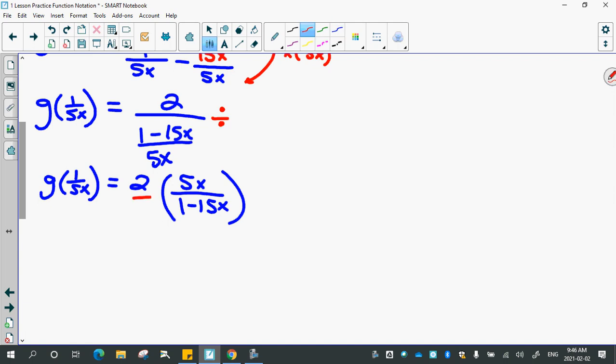And the 2 really has a denominator of 1 there. If I multiply the numerators together, I get 10x, and if I multiply the bottoms together, I get 1 minus 15x. And now I've got a 2-layer fraction, so now it's considered simplified.